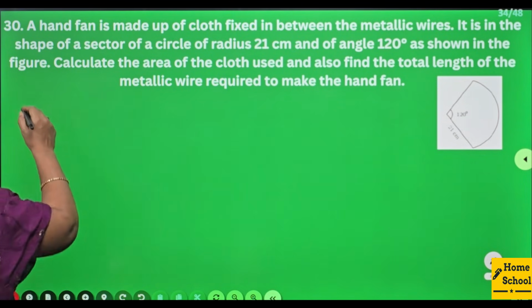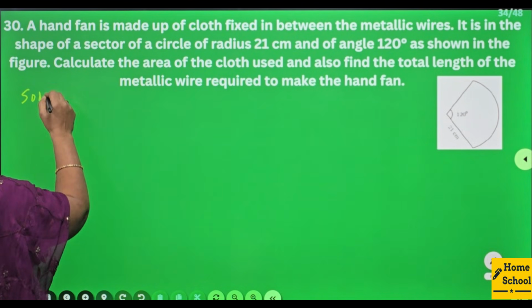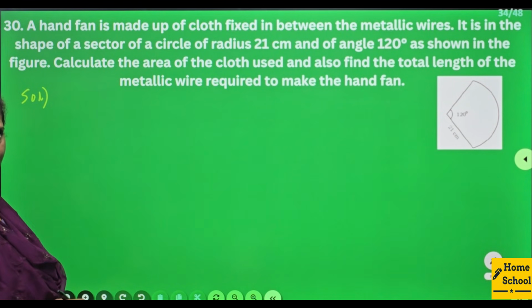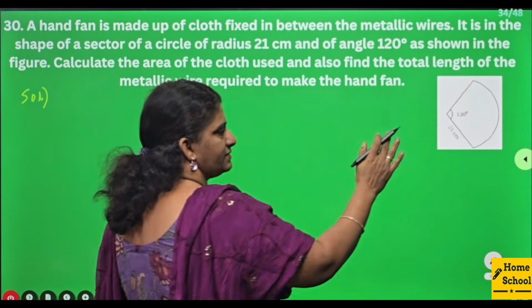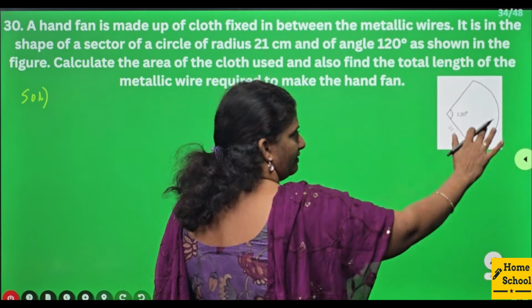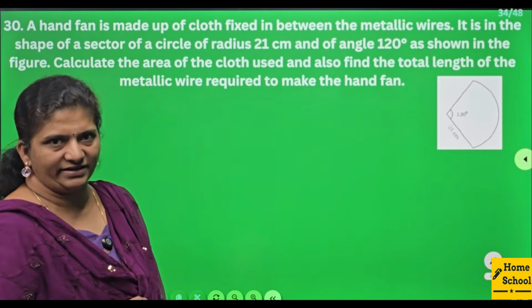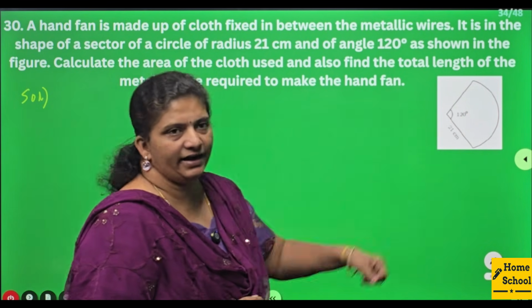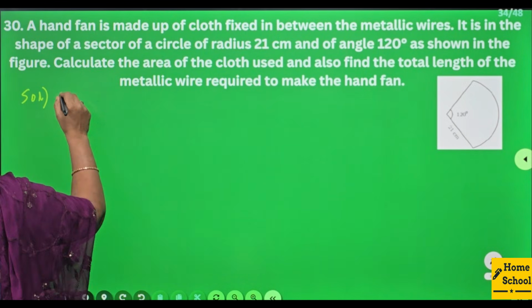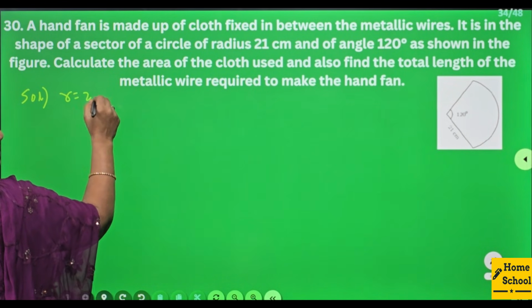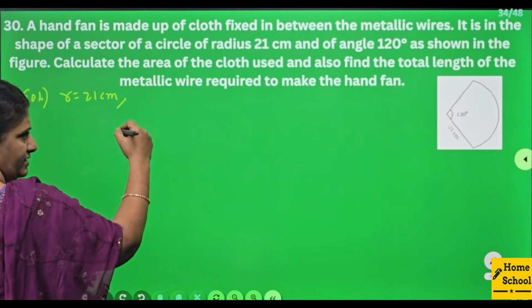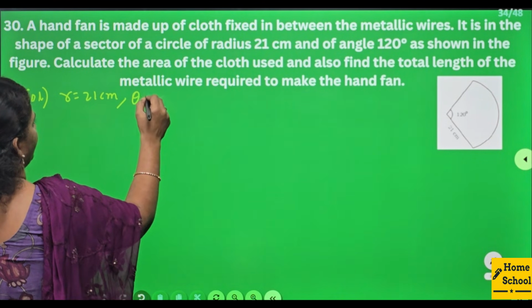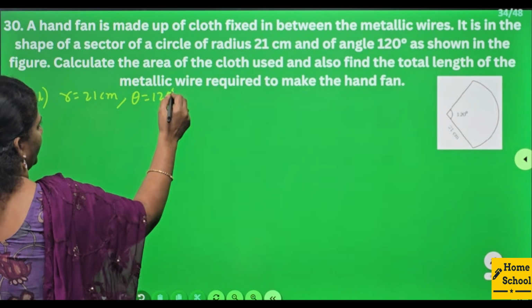See what is given in this problem. Given there is a hand fan. This hand fan is made up of cloth surrounded by the metallic wires. See, this is a radius. Given radius of the hand fan R is equal to 21 centimeters and angle theta is equal to 120 degree.